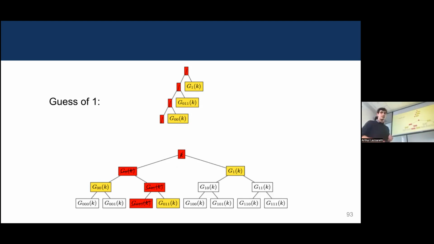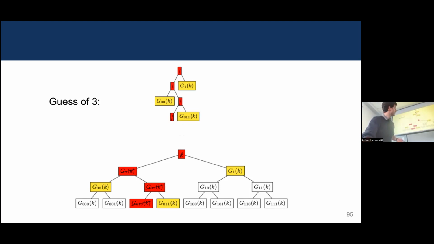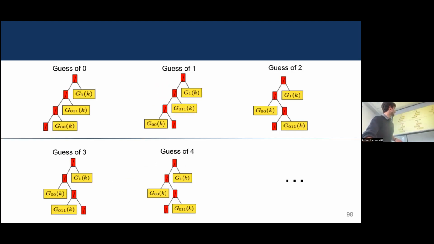And if we look at more guesses, so if we guess the next index as the punctured index and reconstruct this tree again, we get something where half of the evaluations are correct. And if we go through this a couple times, we start to see a pattern.